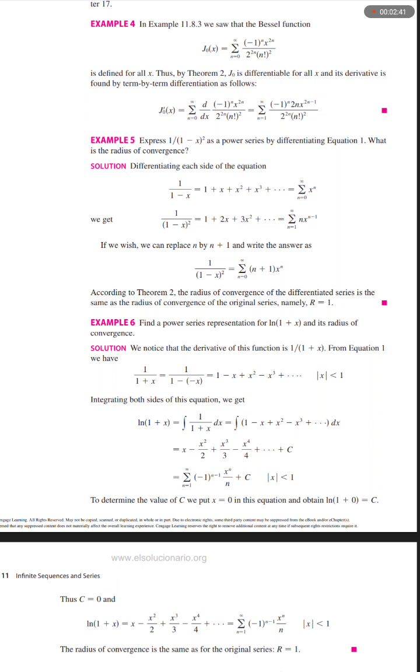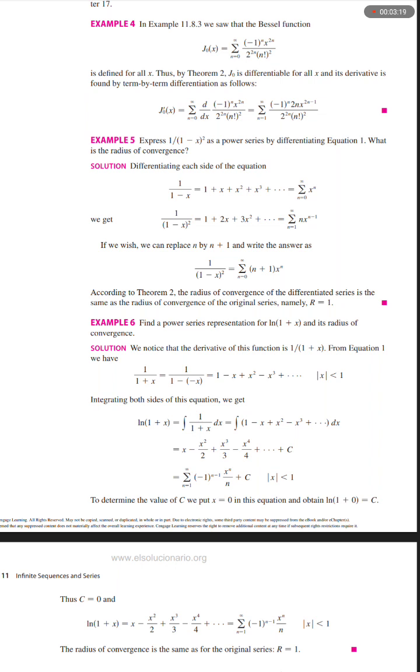Solution. Differentiating each side of the equation, 1 over 1 minus x equals 1 plus x plus x squared plus x cubed plus ellipsis equals the sum from n equals 0 to infinity of x^n, we get 1 over (1 minus x)^2 equals 1 plus 2x plus 3x squared plus ellipsis equals the sum from n equals 1 to infinity of n times x^(n-1).